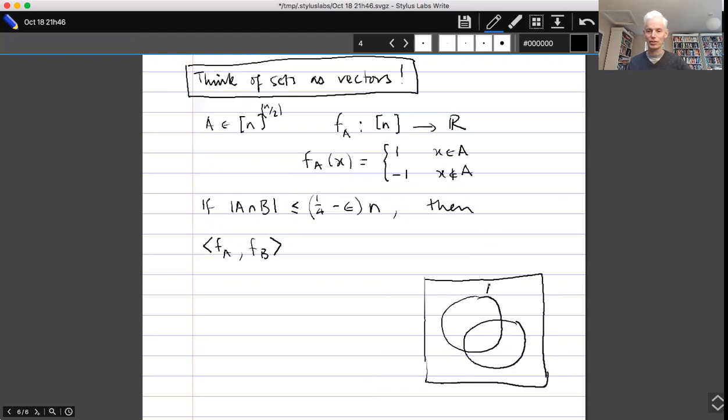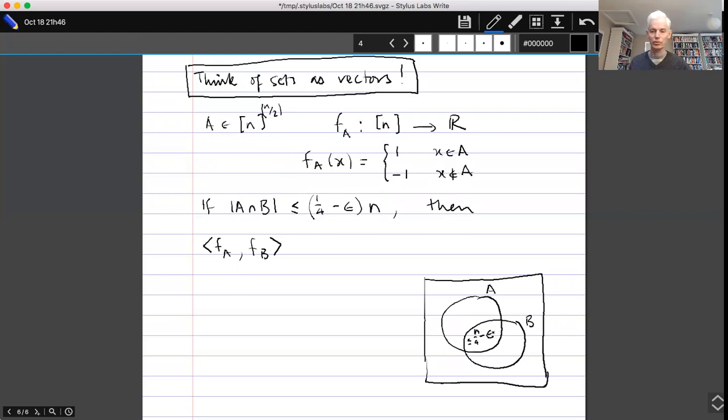So here's the set A, and here's the set B, and I'm just going to write in the sizes of various sets. So A intersect B is less than or equal to a quarter minus epsilon times n.